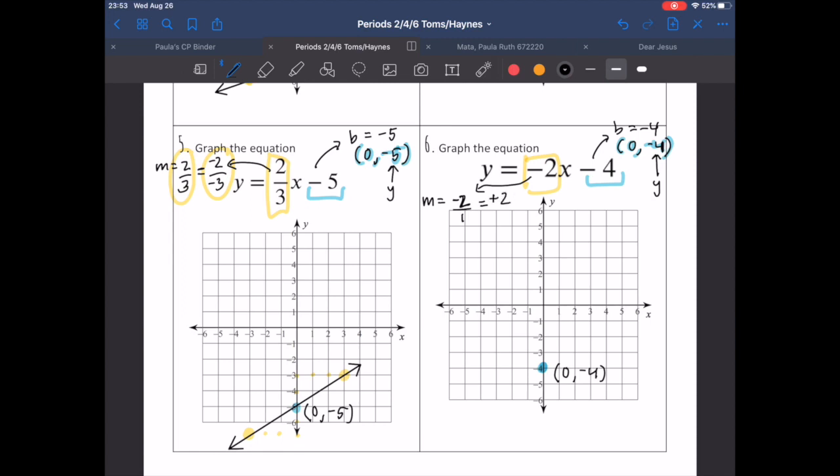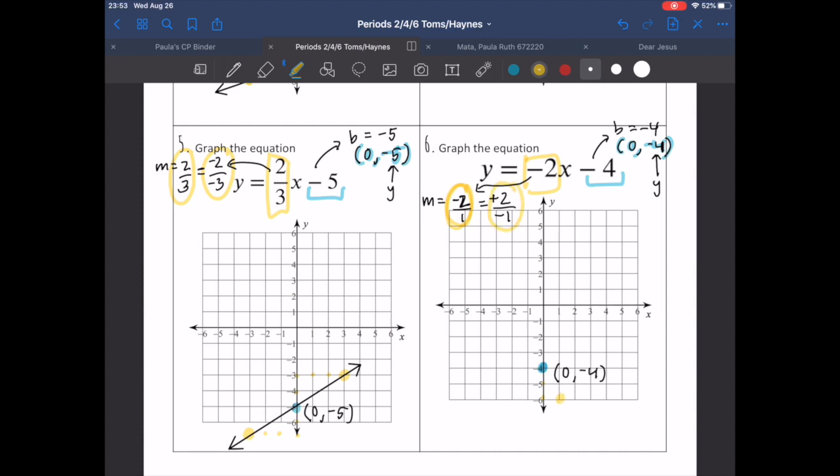Opposite of -2 is +2. And the opposite of +1 is -1. Right, so here we go. We have this slope. Let's work with the first one first. -2 tells us we fall. We go down 2, 1, 2, and then 1 tells us to go to the right 1.